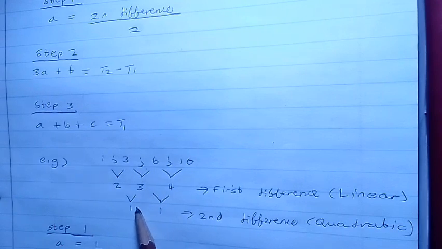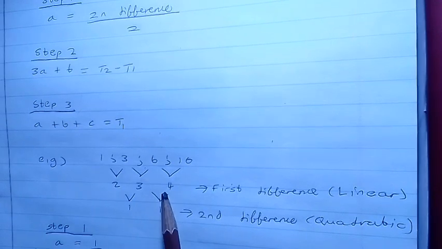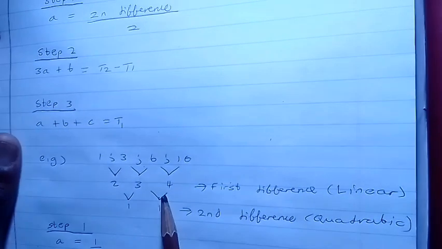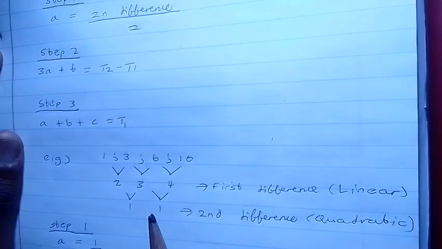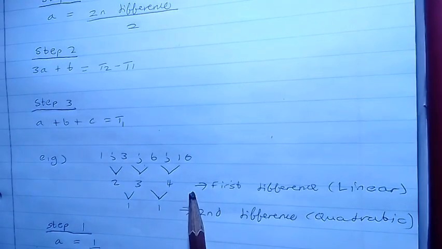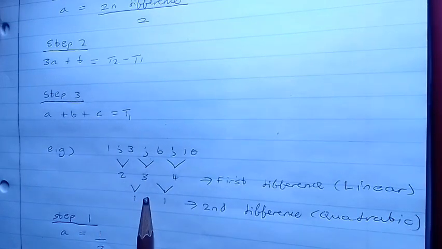In an example, they might ask you, is this number sequence a quadratic pattern? And you can say yes, and give as your answer the second line difference of any number that you get here. This is the first line difference, and this is the second line difference.